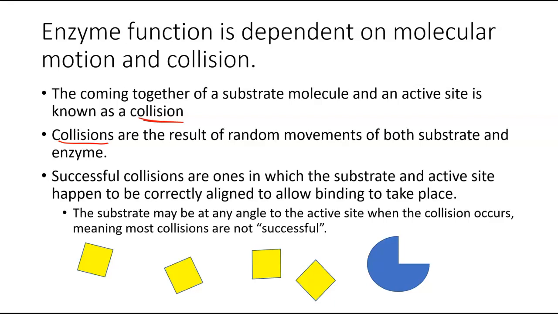And so successful collisions are the ones in which the substrate and active site happen to correctly align themselves, which allows them to bind correctly. These substrate molecules can be in any orientation, but in order for a successful collision to happen, the substrate has to perfectly align itself with the active site and then collide with the enzyme in that perfect orientation in order for that collision to be considered a success.